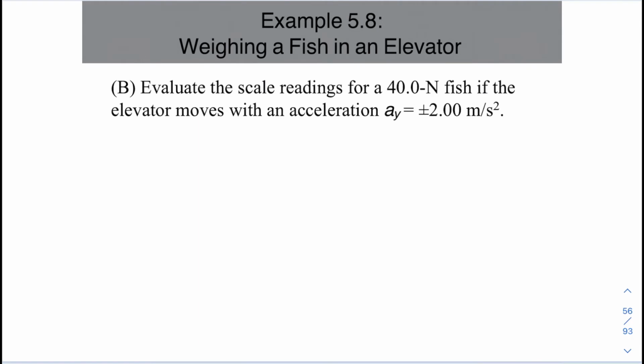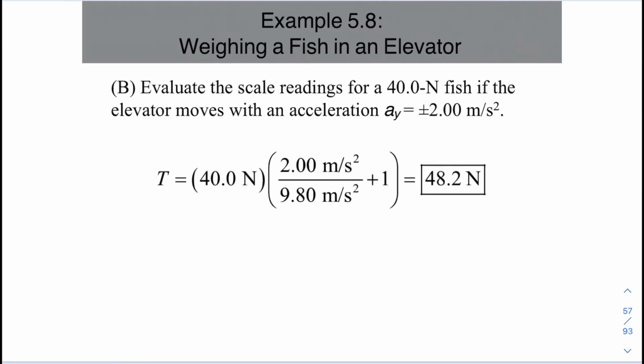Right, part B. Evaluate the reading for the 40 Newton fish if the elevator moves with an acceleration of AY, positive or negative 2 meter per second squared. So let's begin with positive 2. From the formula that we derived just now, T is equivalent to the weight, FG, times A over G plus 1.